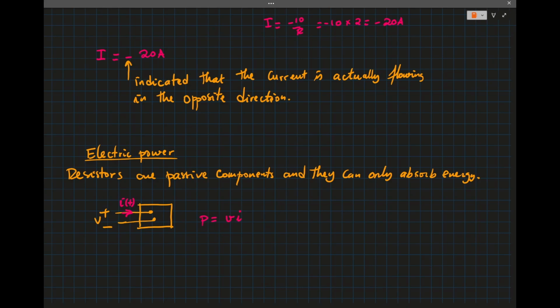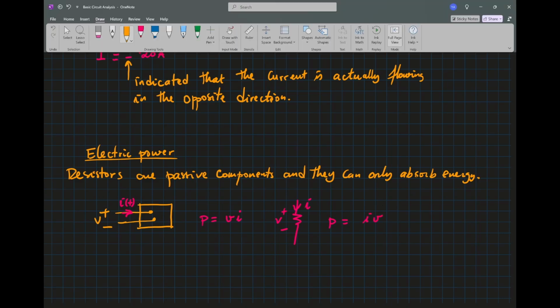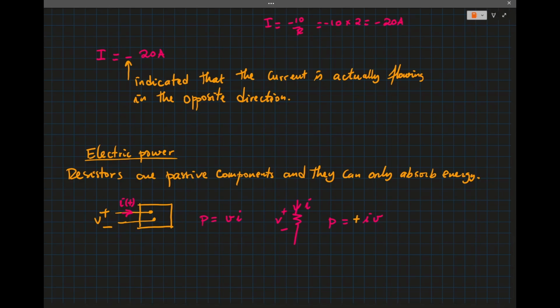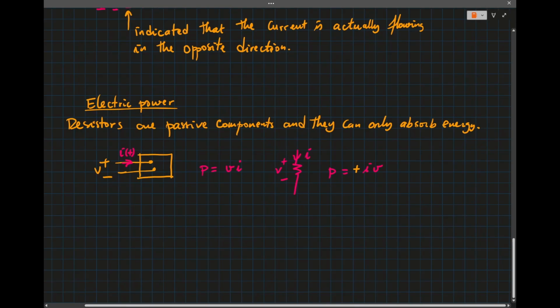Now, when we have a resistor, the current is flowing top to bottom, as you see on the last label here, and V. Because the current is flowing from plus to minus, the power P is IV, where we account for the fact that the current is flowing from plus to minus.